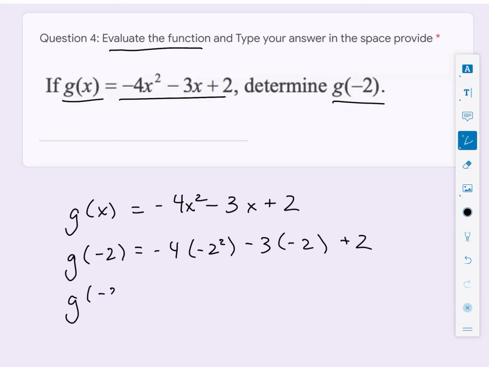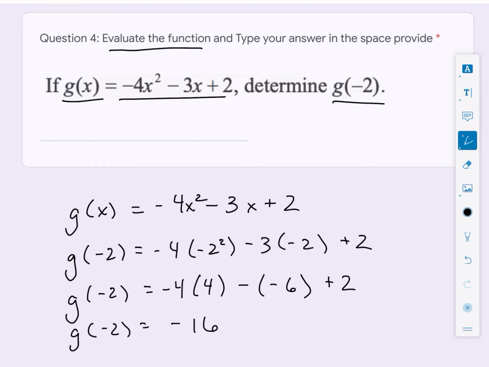Here I'm given g of negative 2 is equal to negative 4 times negative 2 squared, which is 4, minus 3 times negative 2 is negative 6 plus 2. And again, I'll rewrite. Negative 16.